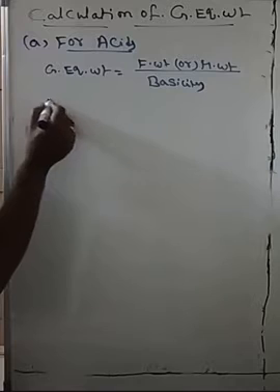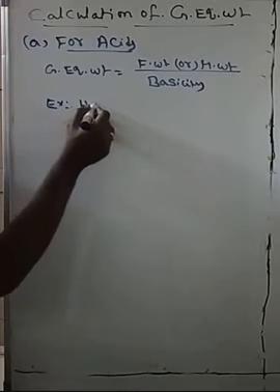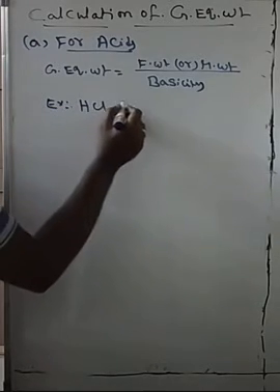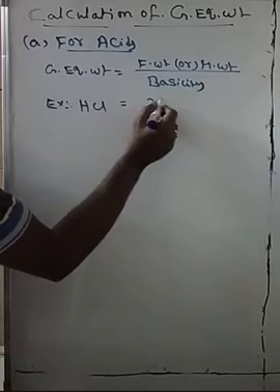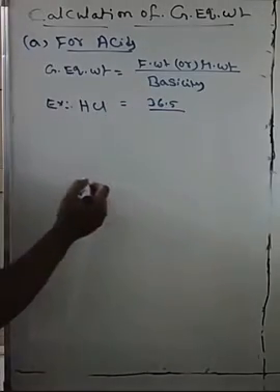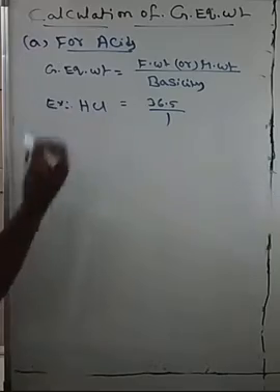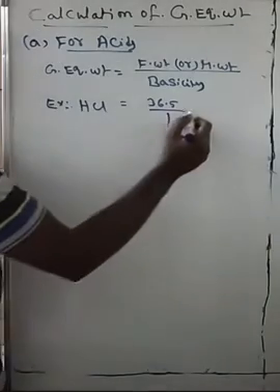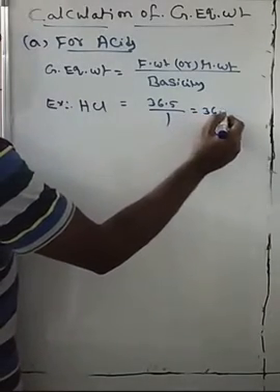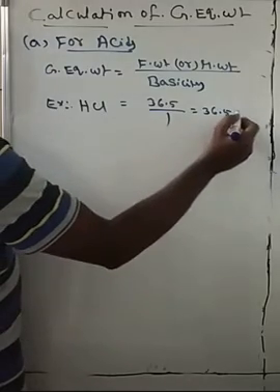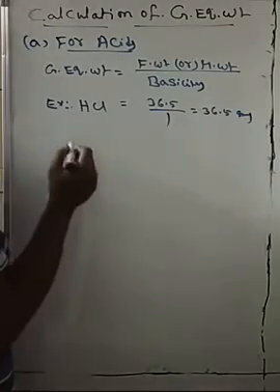So for example, take HCl. HCl formula weight is 36.5. Basicity is 1, the replaceable hydrogen atoms is 1. That is why gram equivalent weight of HCl is 36.5 grams.